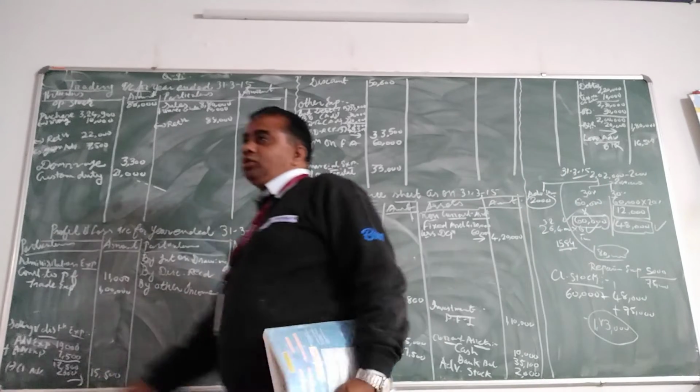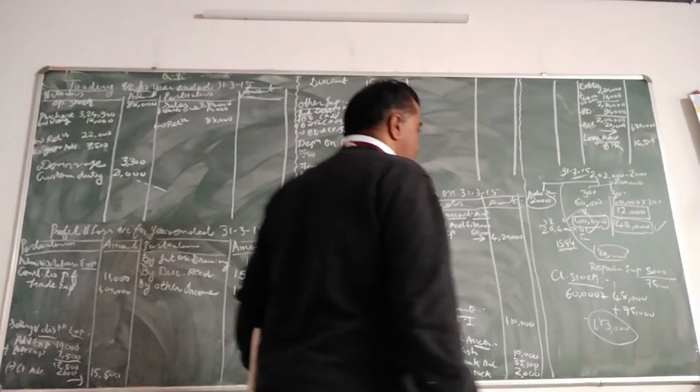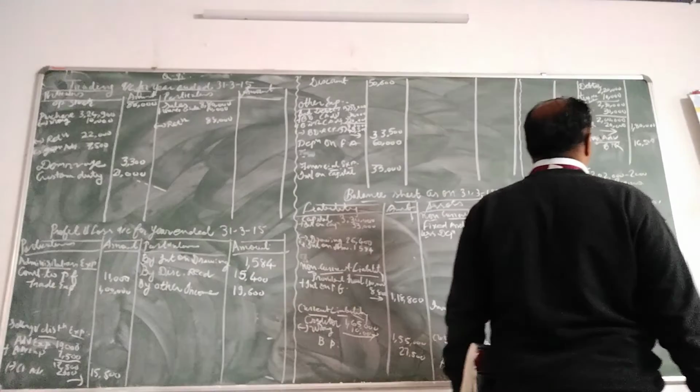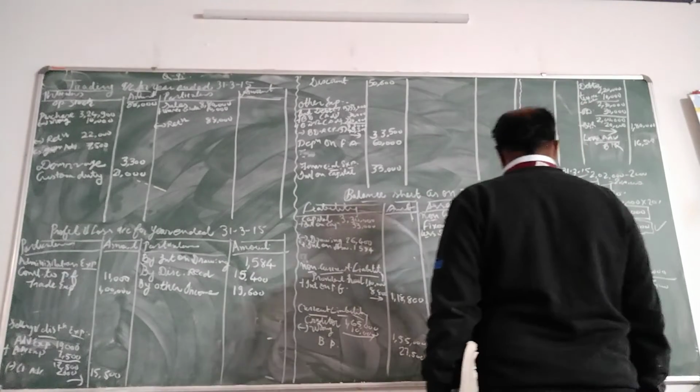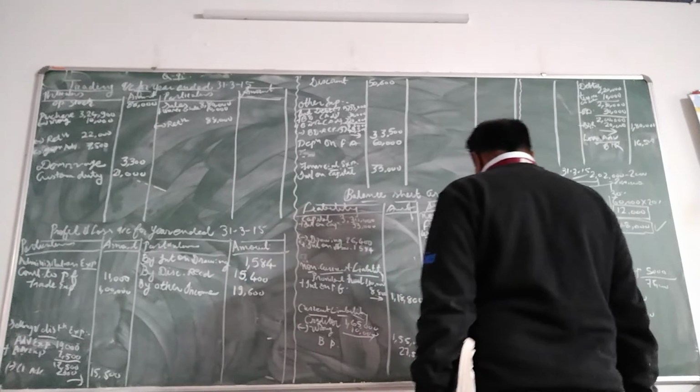So it is our closing stock. Okay, 1,83,000 is our closing stock. We write it over here, closing stock.